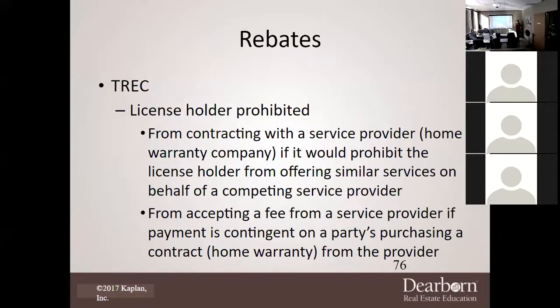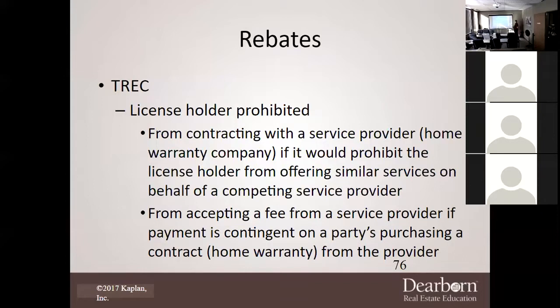What this basically states in this situation is that you cannot, for example, Miss Linda, be getting any type of compensation from a home warranty company. So say, for example, that your husband, Mr. Eugene, starts a home warranty company, and you decide, I'm going to require all my clients to purchase Eugene's home warranty. Okay, that's going to be a requirement.